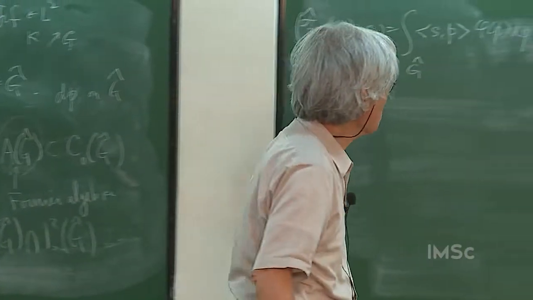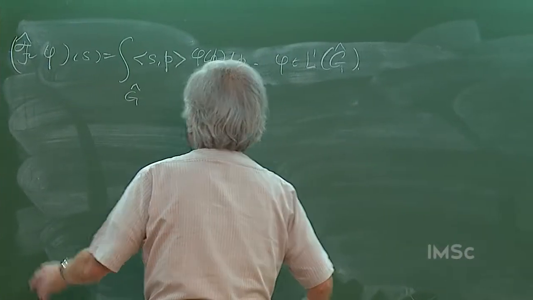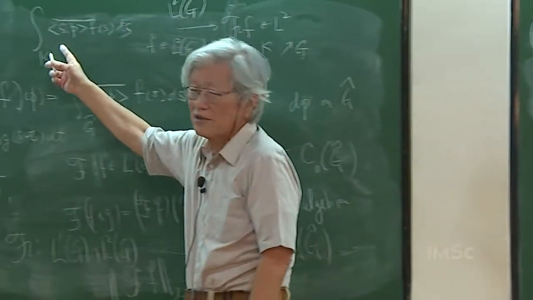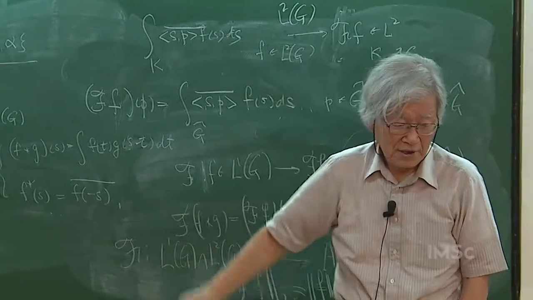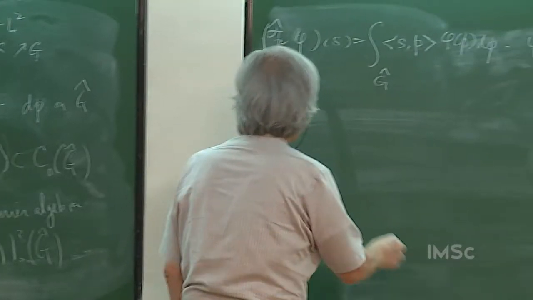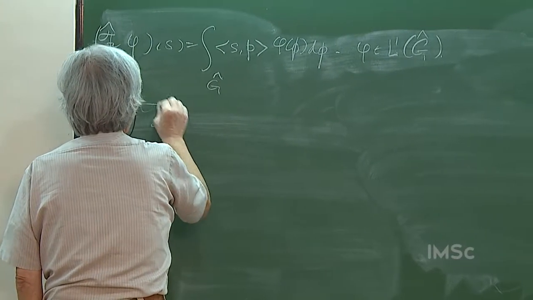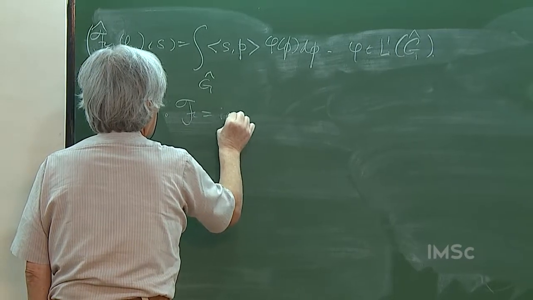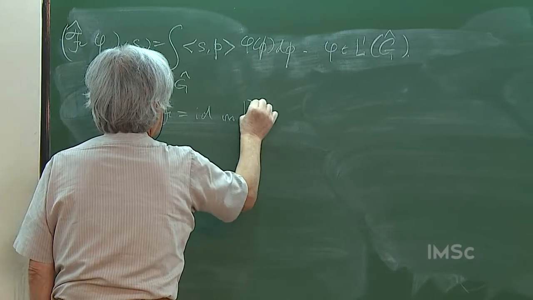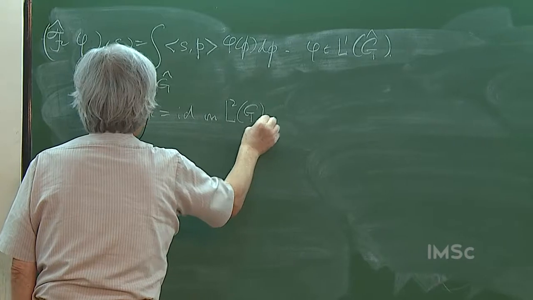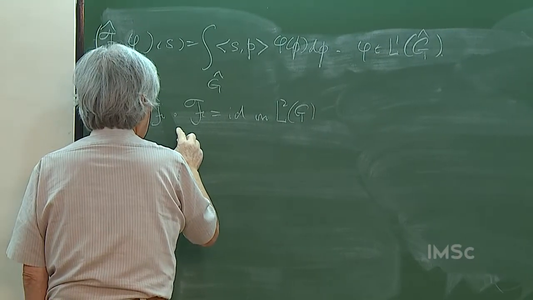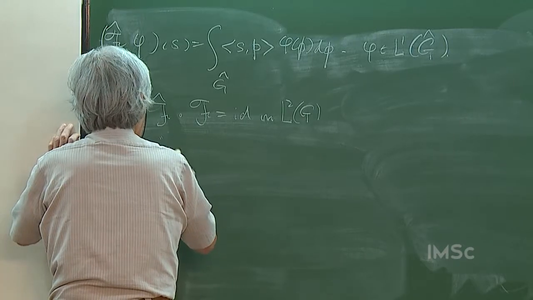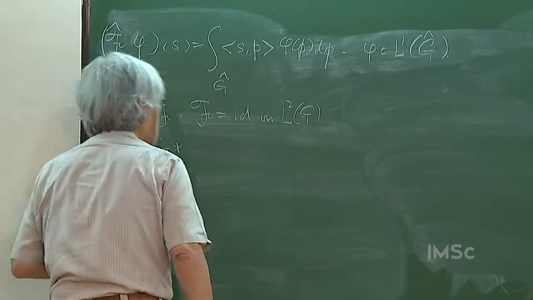The inverse is slightly different from this. Indeed, what happens is that the inverse following the Fourier transform is the identity on L2 over G, and this one is the extended one, and this one is indeed the adjoint.